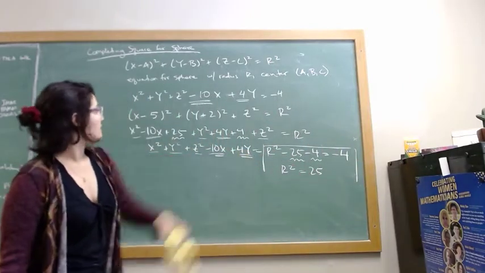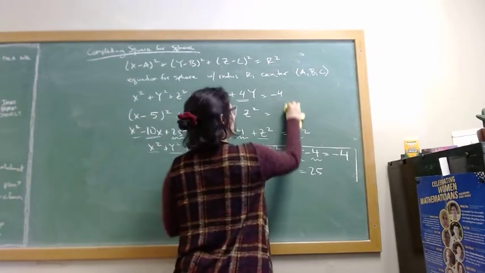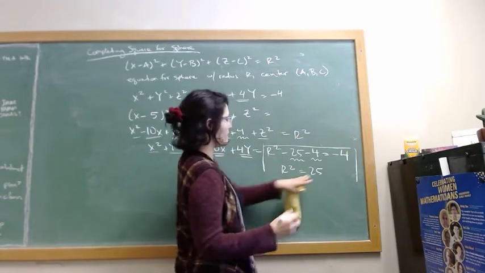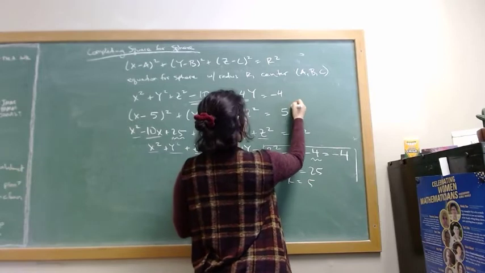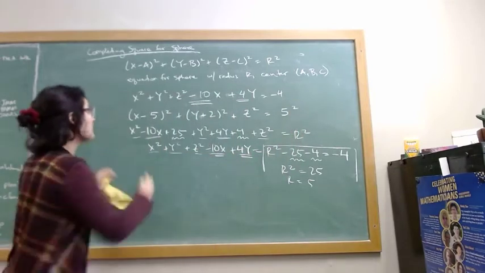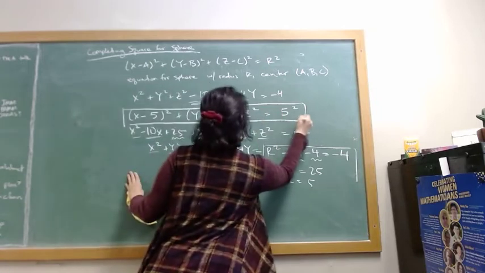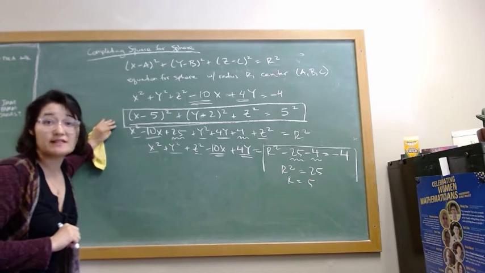So now I know what r squared is, and I could go back up here and just plug it in. r squared is 25, that means r is 5, so I'll write this 5 squared. And that's my completed square equation for this sphere.